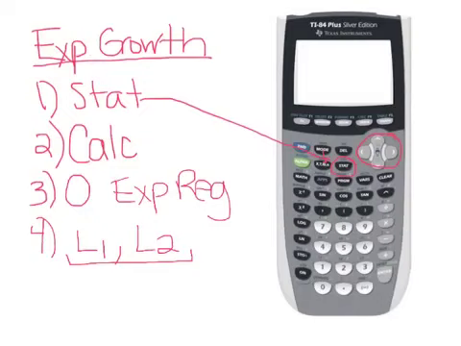Depending on how old or new your calculator is, you'll see that you can change where your data is stored, or with the oldest version, you'll see exponential regression, and then you have to tell it list 1, comma, list 2. That's the calculator I have. I have the old version, and so once I select exponential regression, it brings me back to the main screen, and then I need to tell the calculator that my x values are stored in list 1 and list 2.